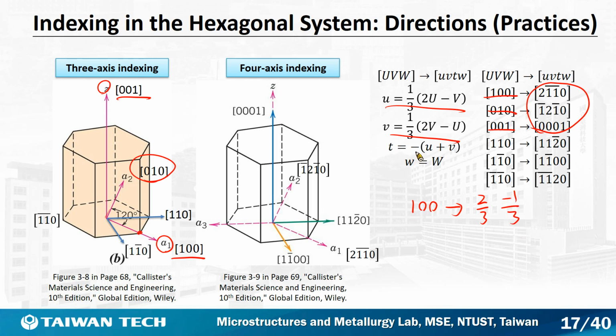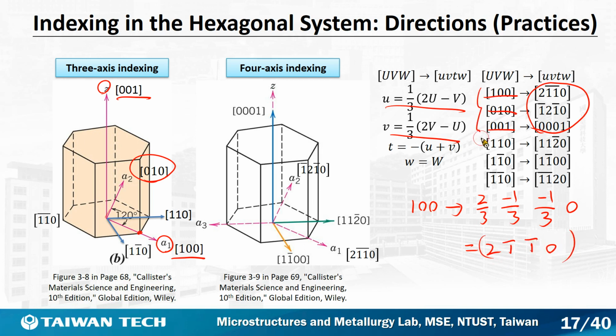And t equals minus the sum of these, so it would be minus 1. w equals w, that's this z, 0. So after making these the smallest integers, we get 2, minus 1, minus 1, 0.